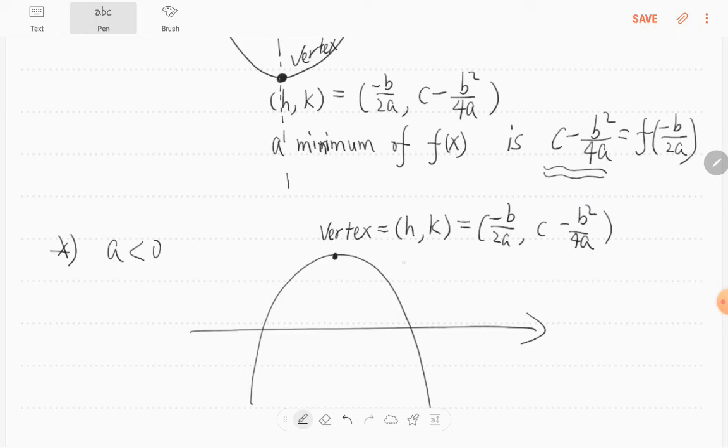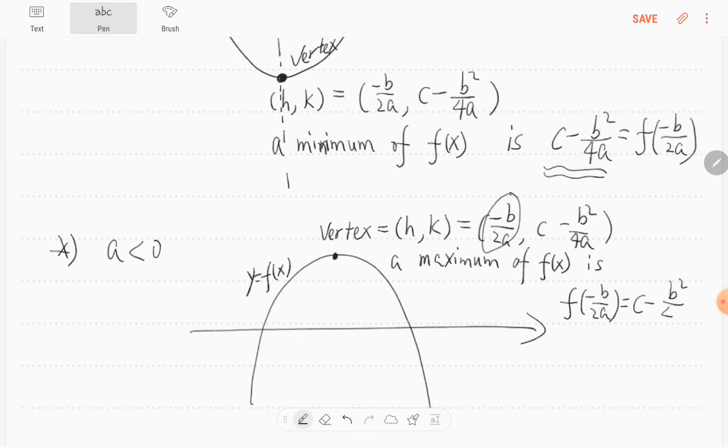So this point will give you the maximum value of this function f of x, which is f of negative b over 2a. You plug this into the function, y equals f of x, and you get the y coordinate of this point, which is equal to c minus b squared over 4a. So this is the difference.